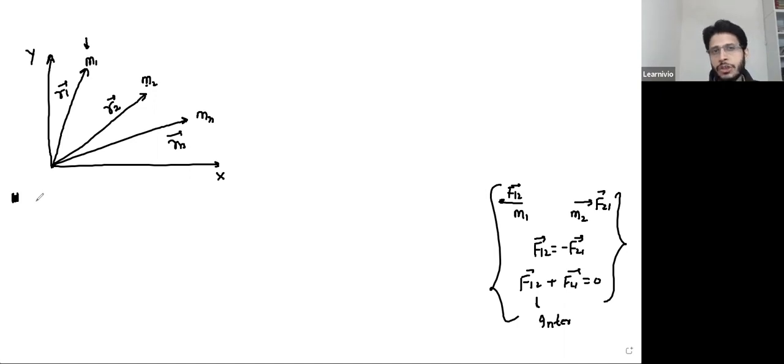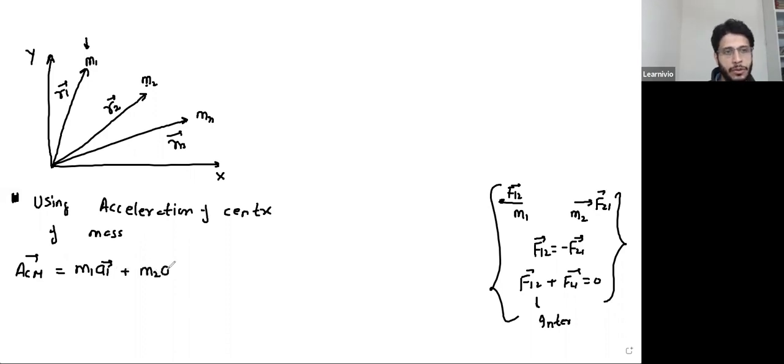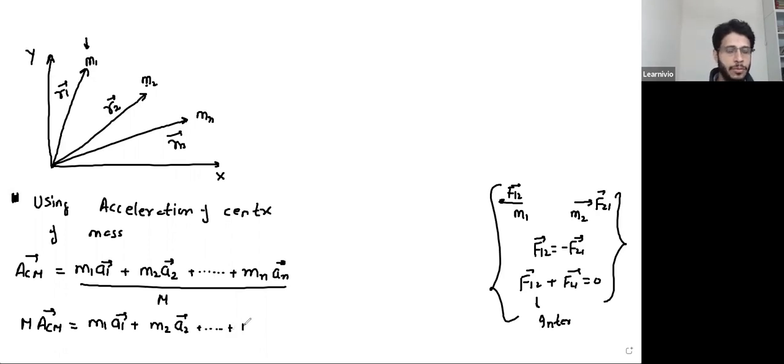If I use the expression of acceleration of center of mass, this was the expression: acceleration of center of mass equals m1a1 plus m2a2 plus up to mn an, divided by M. You can multiply this M with this acceleration of center of mass, so M times a_CM equals m1a1 plus m2a2 plus mn an.